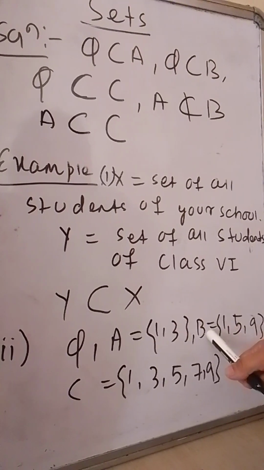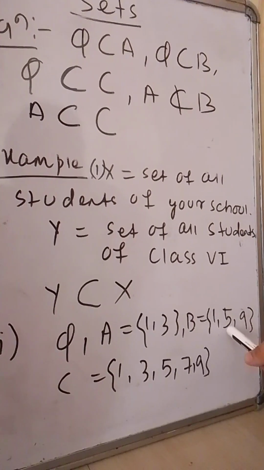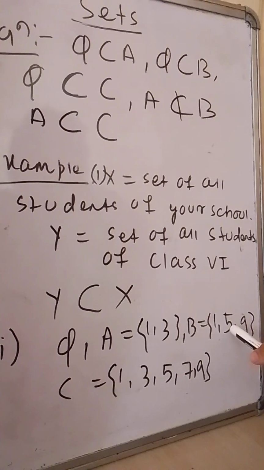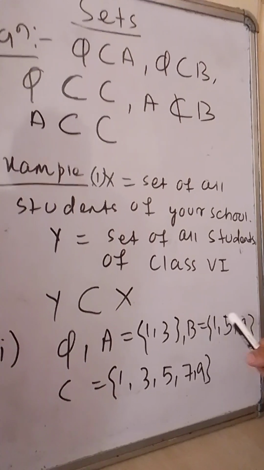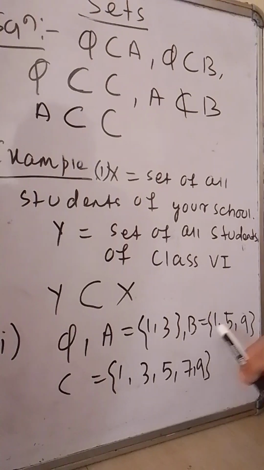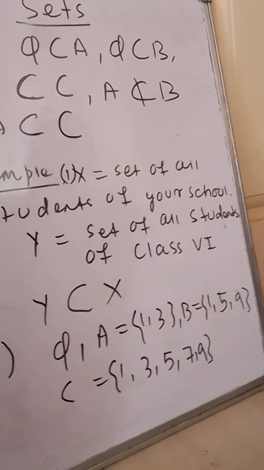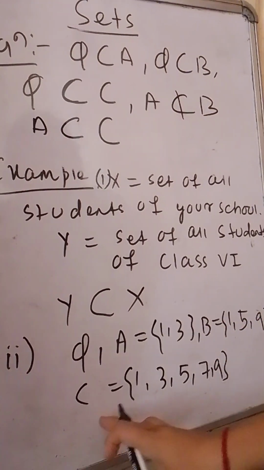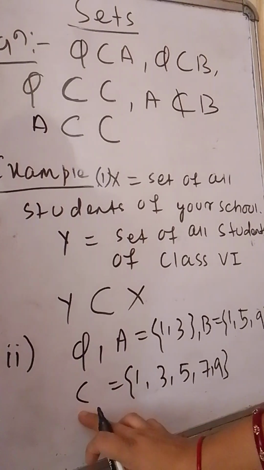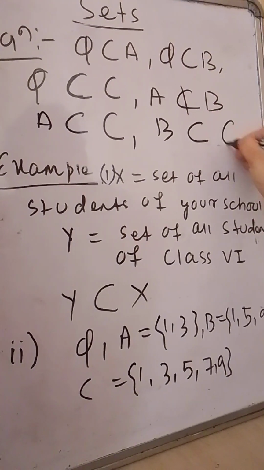The first element of B is 1, which is also an element of C. The next element of B is 5, which is also an element of set C. And the third element of set B is 9. 9 is also an element of C. So all the elements of set B are also the elements of set C. So we can say B is a subset of C.